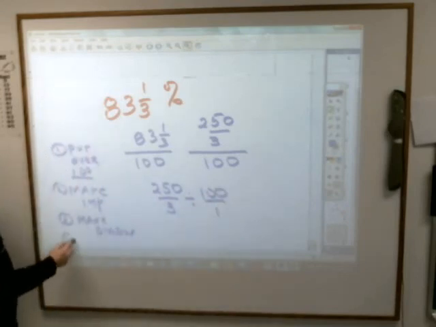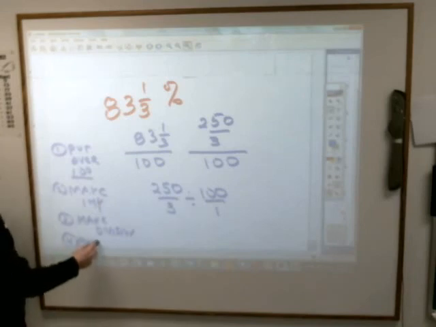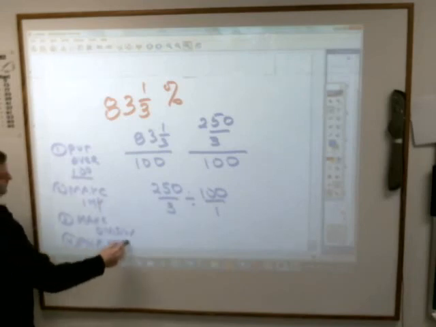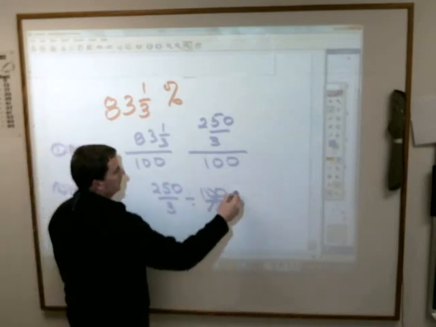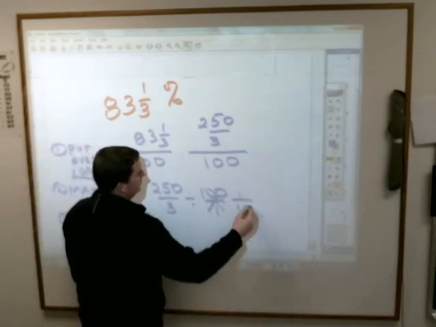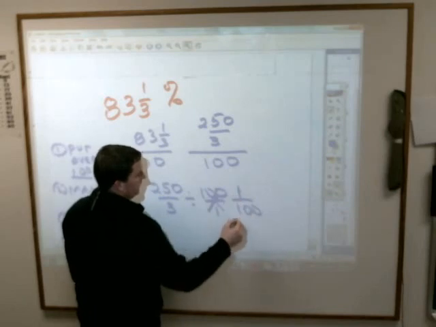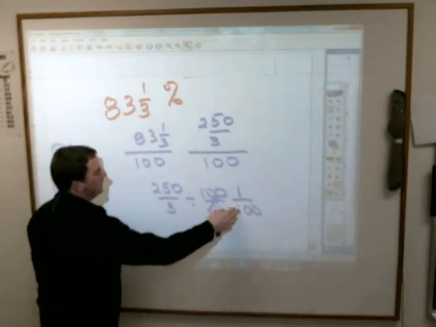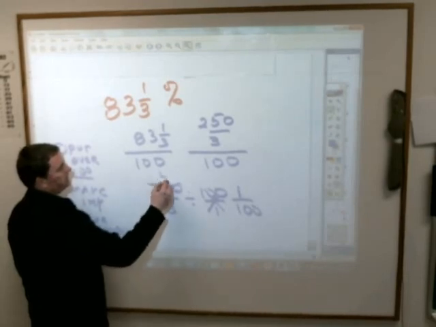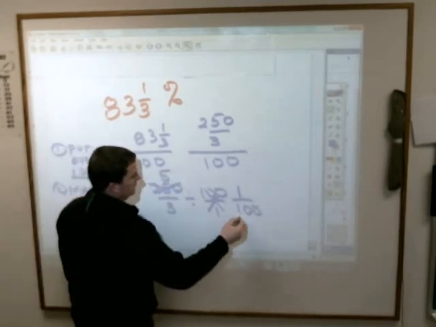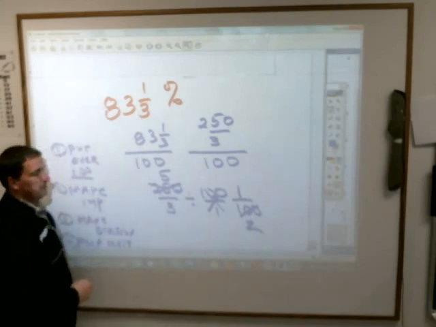Step 4, flip and multiply by the second fraction. So this changes to 1 over 100. And they usually work out nicely if it's any kind of a fraction. What number goes into 250 and 100? 50. 50 goes into this 5 times and into this 2 times.